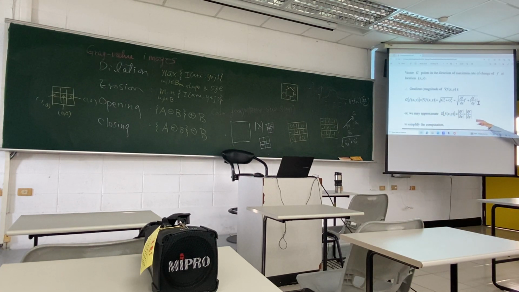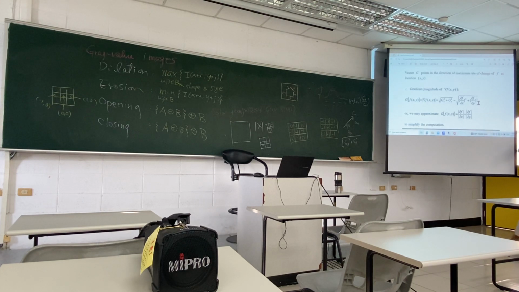It's much faster to calculate, and it won't hurt for real applications, unless you need to know the exact length of this vector. Otherwise, this is much easier to calculate. Compared with that, you need to take the square and then take the square root.